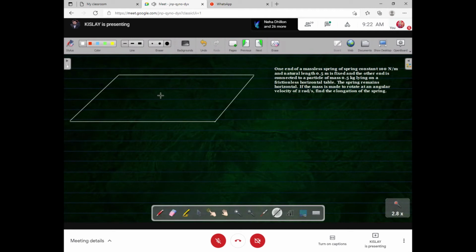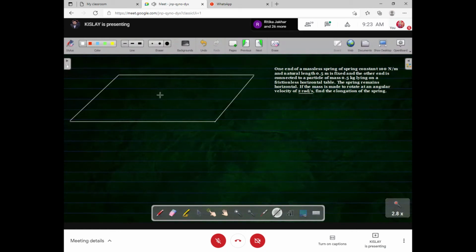And a spring is attached here. Normal length of the spring is 0.5 meter, is fixed, and other end is connected to a particle of mass 0.5 kg lying on the frictionless horizontal table. The spring remains horizontal if the mass is made to rotate at an angular velocity of 2 radian per second. Find the elongation in the string.